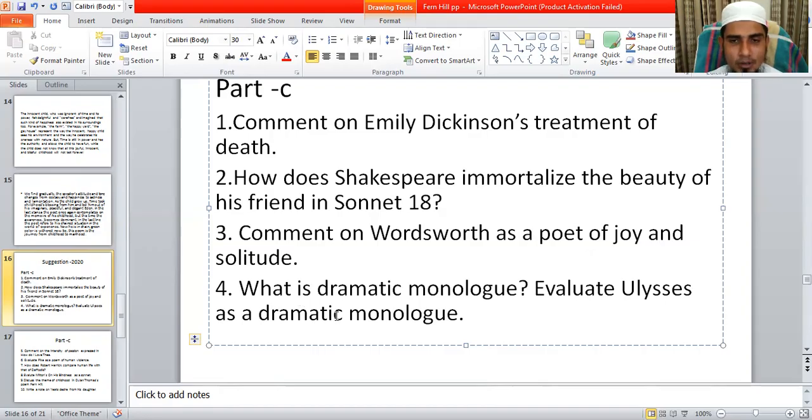This question may also be: evaluate William Wordsworth as a poet of joy and solitude. This is an important question from this poem.